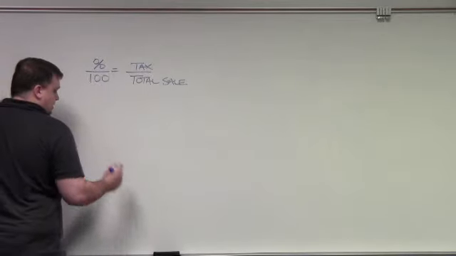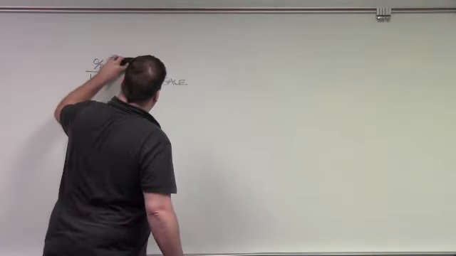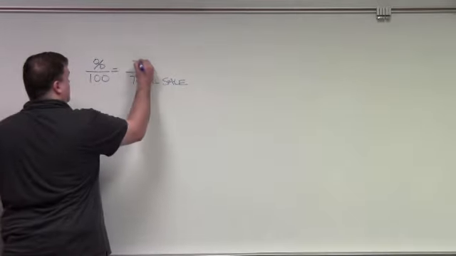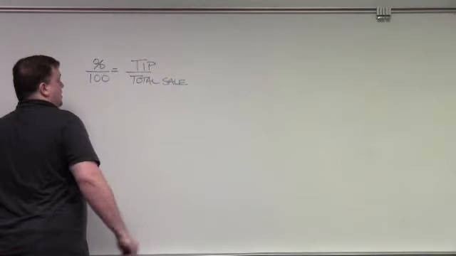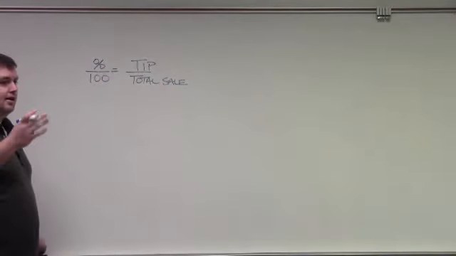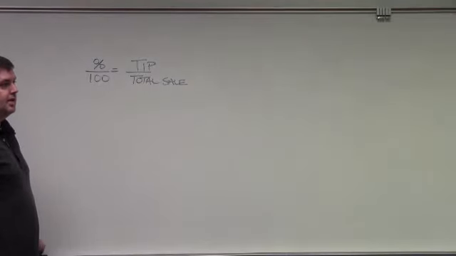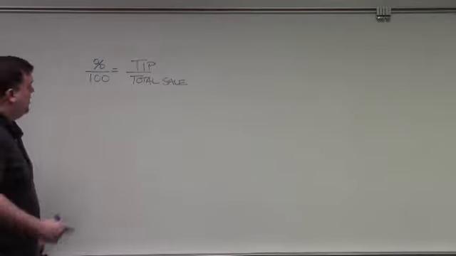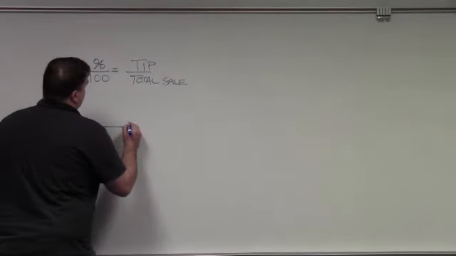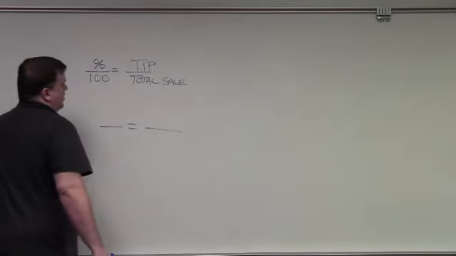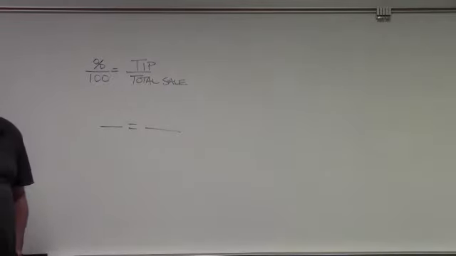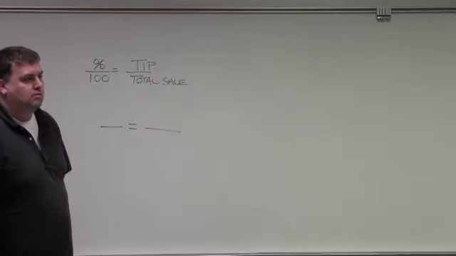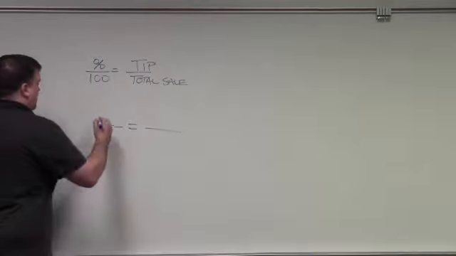So once again, we can use this same setup, except this time we're using the tip as part of the entire price of the meal. So what information are they giving us here? Are they giving us a tip percent? And what is that? 20%.